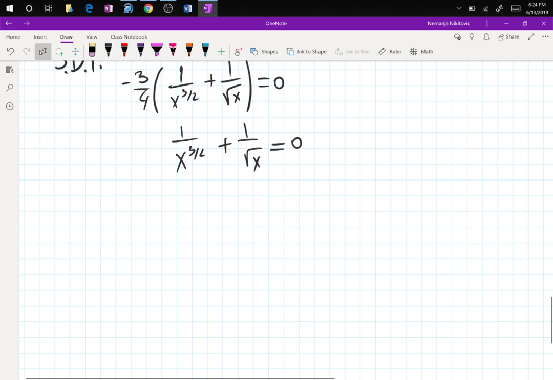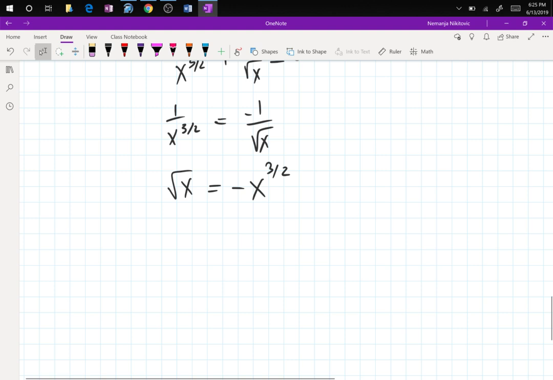So now we do the same trick. We ship negative 1 over root x to the right hand side, and then we cross multiply to find that square root of x is equal to negative x to the 3/2. Now, as I said before, negative x to the 3/2 is negative x root x.